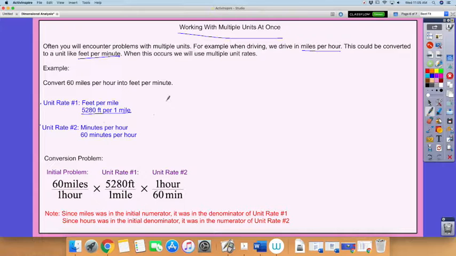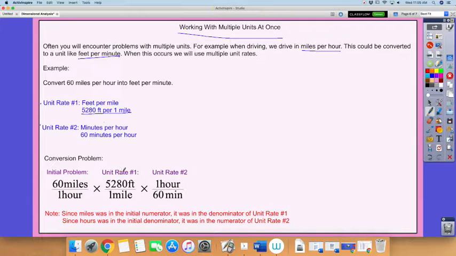So what I'm going to do is I'm just going to focus on one thing at a time. I'm going to use my first unit rate here. And I know that I need to get miles into feet. So I'm going to ignore this 1 hour down here, and I'm going to look and say, okay, my miles is in the numerator here.